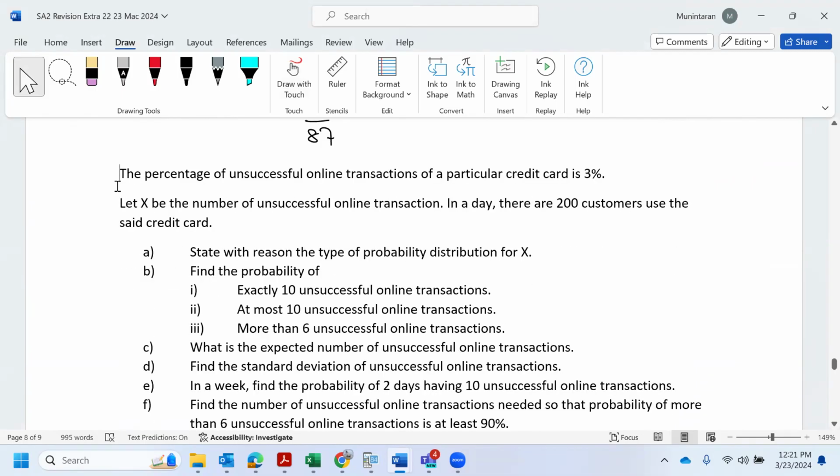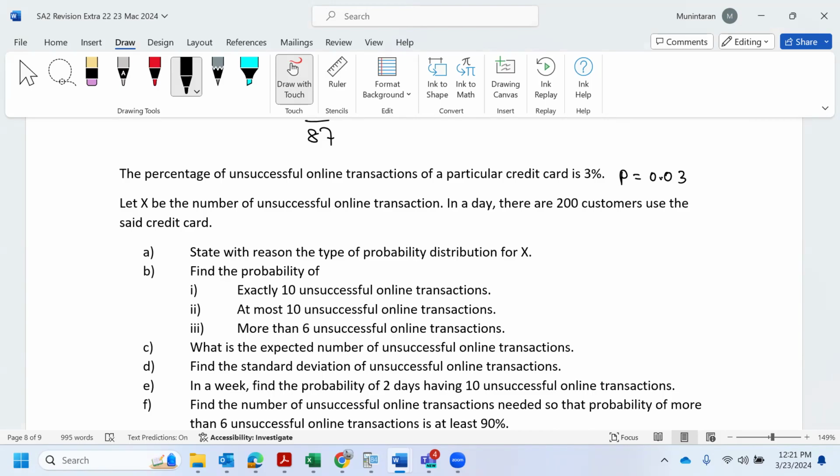The percentage of unsuccessful online transactions for a particular credit card is about 3%. Right, unsuccessful 3%. So our success is unsuccessful. Okay, so that means your P is equal to 0.03.